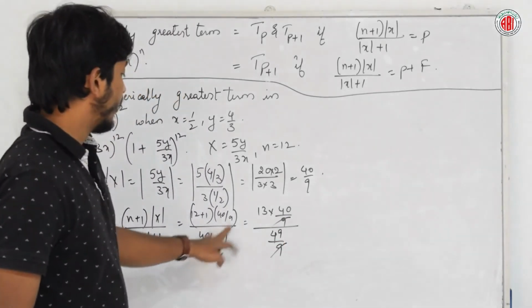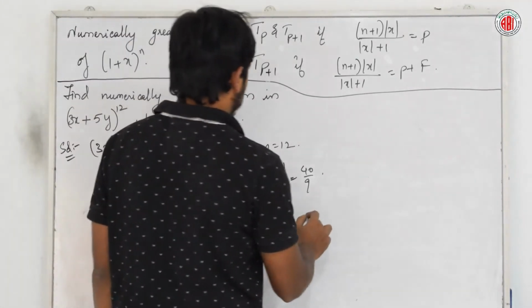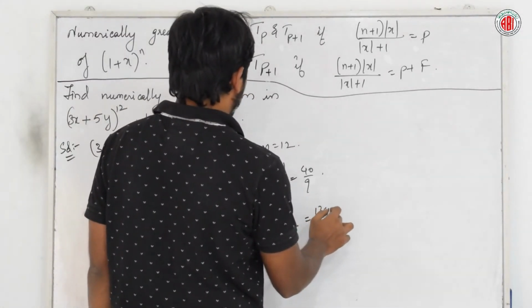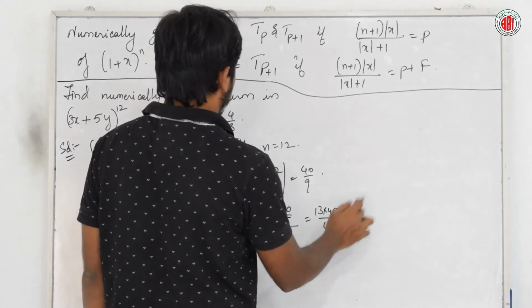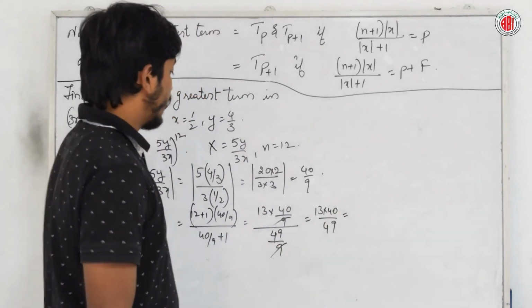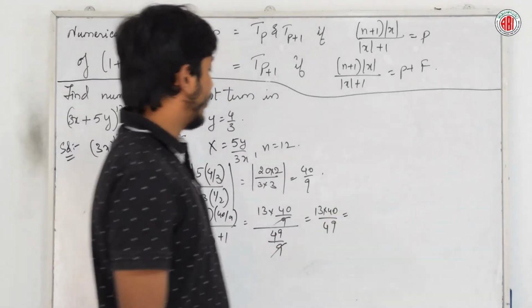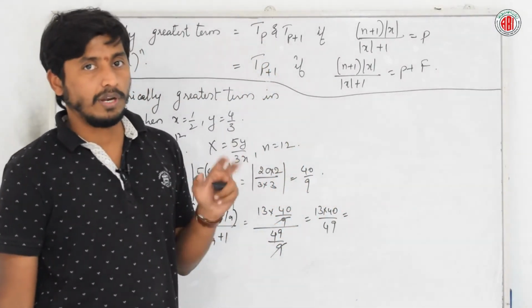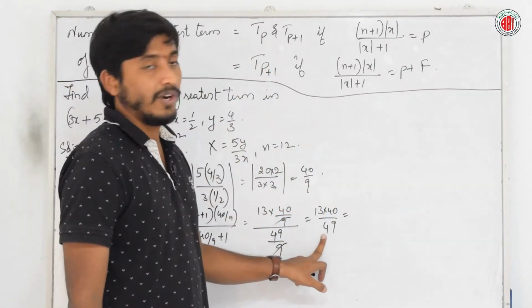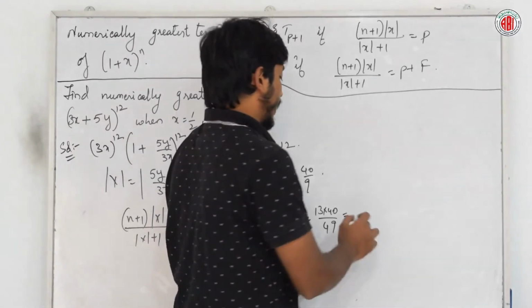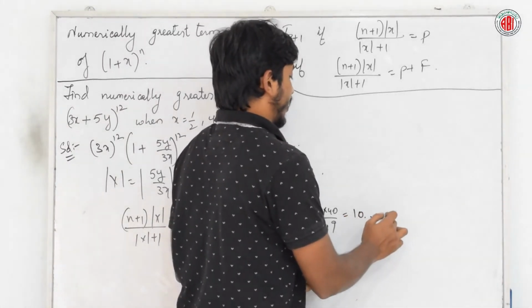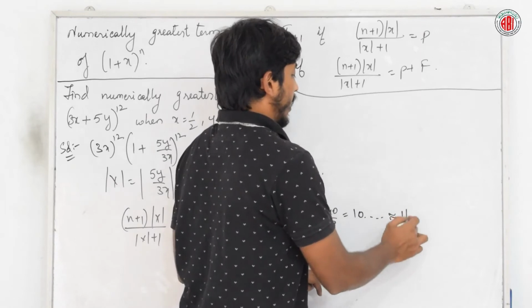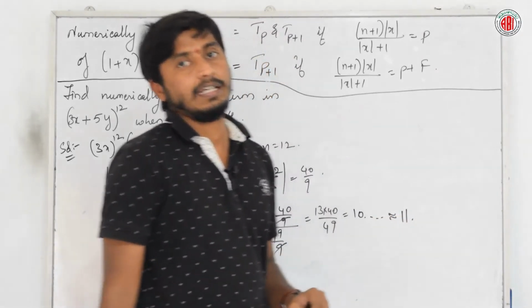Is it right? Now just see here, 13 into 40 by 49. So how much do we get? 40 into 13, it is somewhere around above 400, and here it is 49. So obviously you will get some kind of 10 point something. Let us equate it to 10.